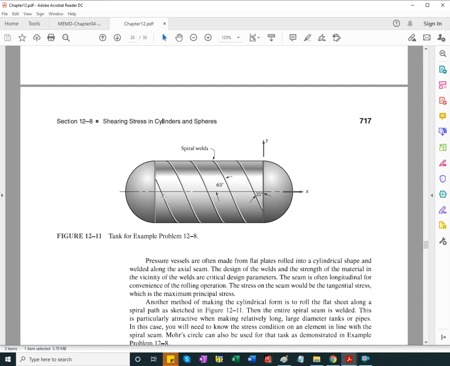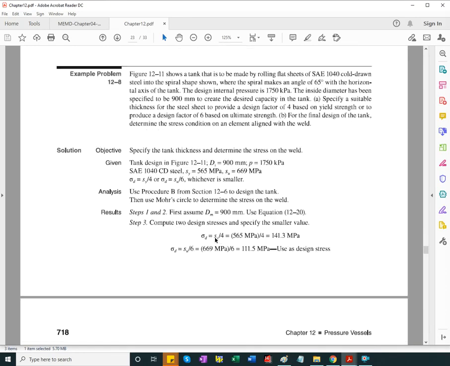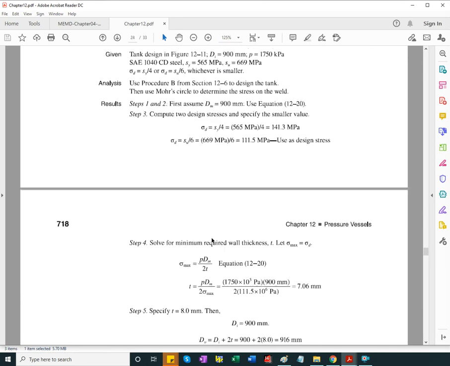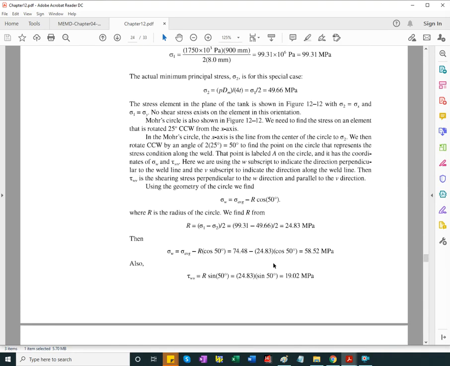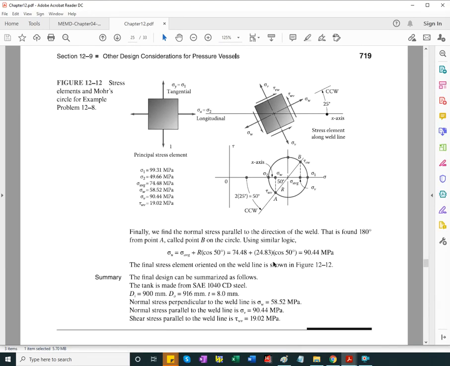And here's the case of a welded tank made of sheet metal, helical, twist shaped and then welded. And we have an angle given. We have the pressure to the inside. We have the wall thickness, and we want to calculate the shear stress at some angle.